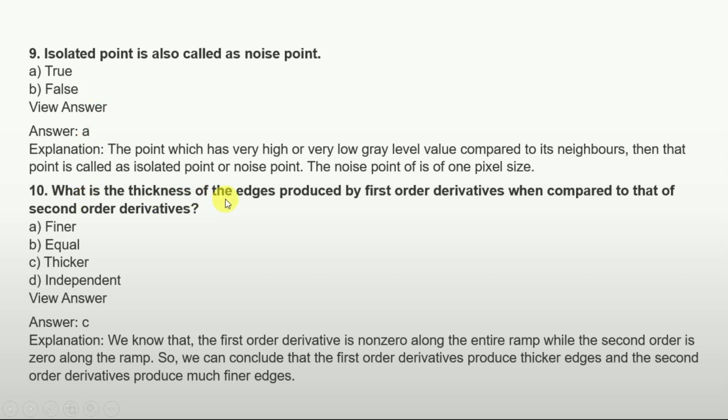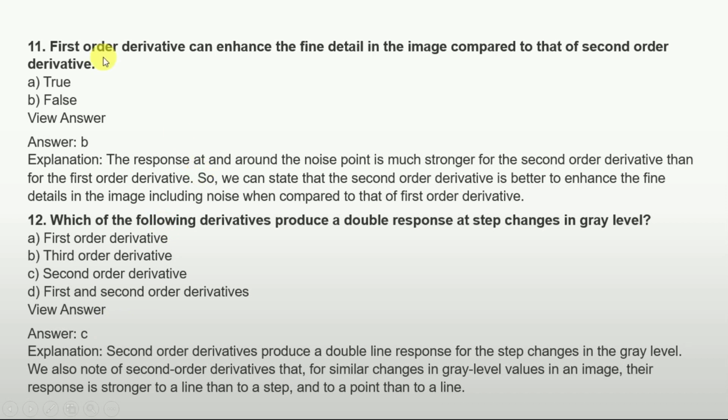What is the thickness of the edge produced by the first order derivative when compared to the second order derivative? So options are thinner, equal, thicker and independent. So the answer is option C, that is thicker. First order derivative can enhance the fine detail in the image compared to the second order derivative. True or false?